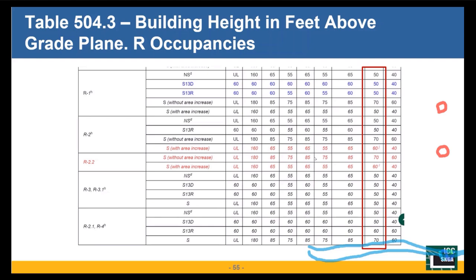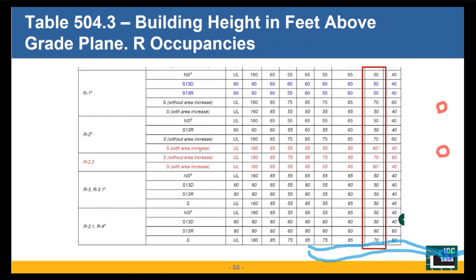And you can see here for group R2, for example, of type 5A construction, if it's sprinklered, the area increase is permitted in addition to the height, which is what I just said earlier in terms of the B, F, M, U, and S. And here you can see in R2, 13R, the sprinklers must be 13R. That's an NFPA designation. And for R1, you see above in the blue line, 13D versus 13R.